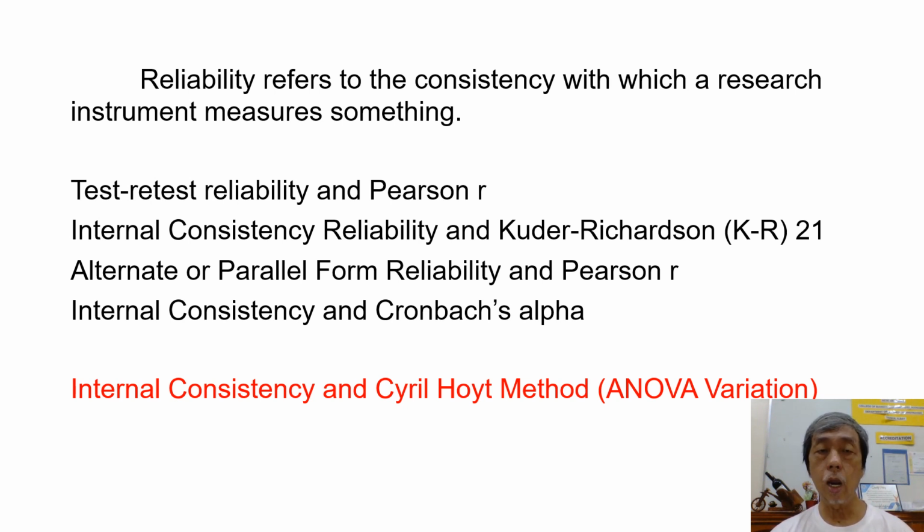Again, we have Pearson r for the alternate or parallel form reliability. We also have Cronbach alpha for internal consistency reliability. But our discussion will focus solely on the Cyril Hoyt method for internal consistency reliability.